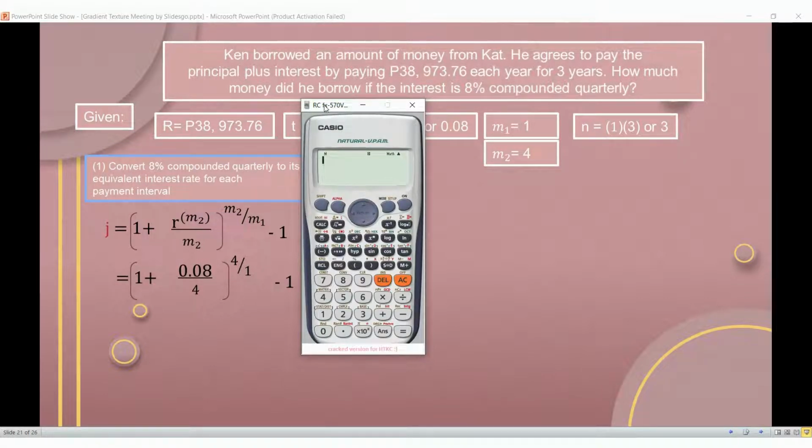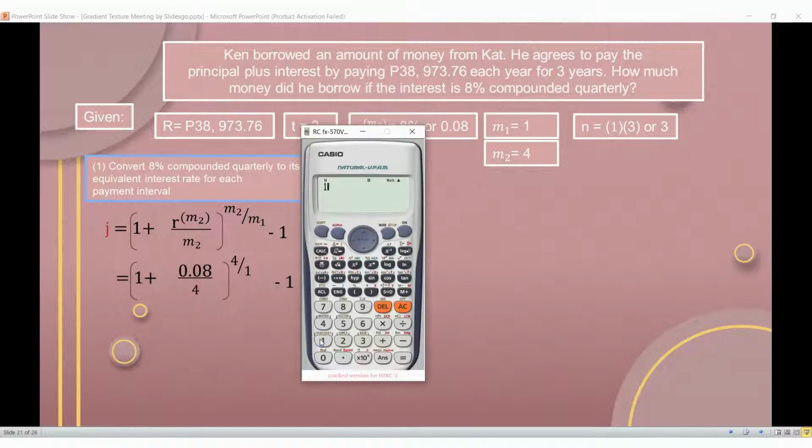Addition type. 1 plus 0.08 over 4, raised to 4 over 1, minus 1.